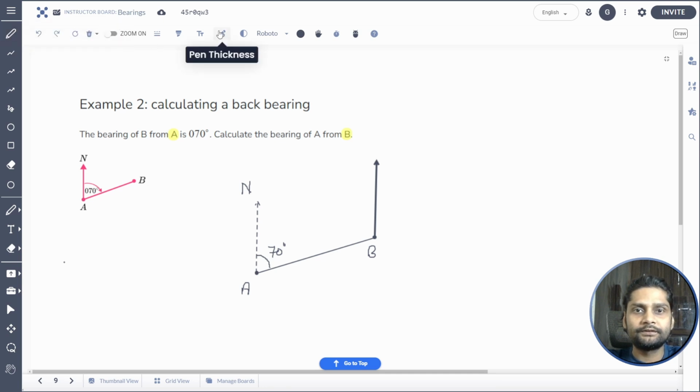So I need an angle in the clockwise direction from this north line which we just created. This is still a north line, so that angle has to be figured out.